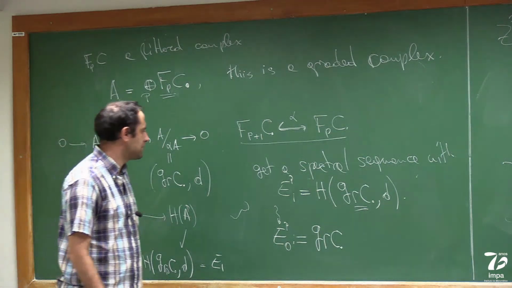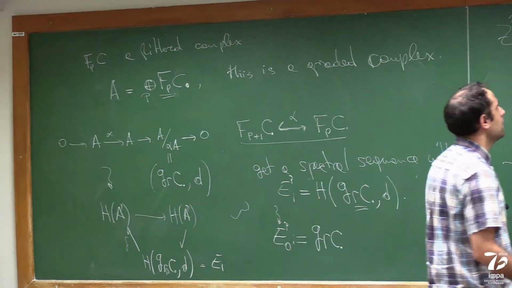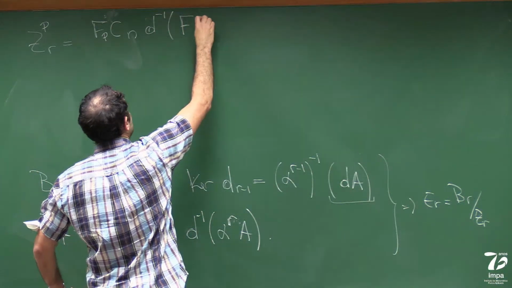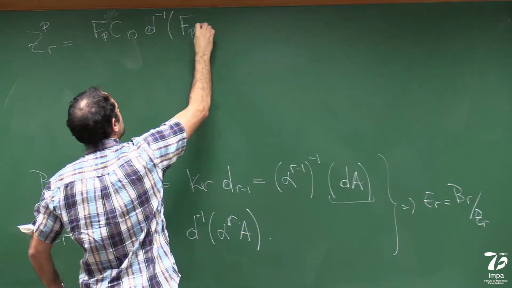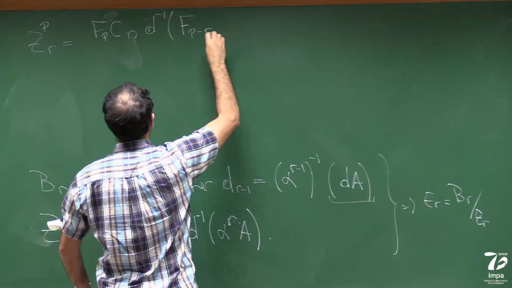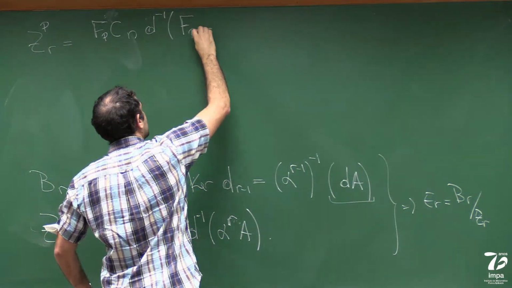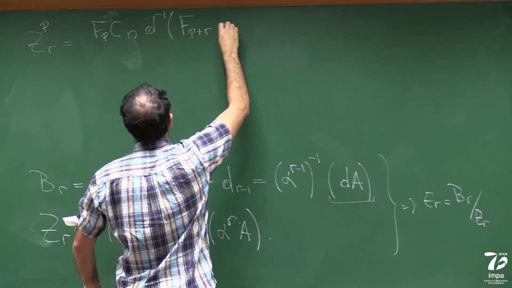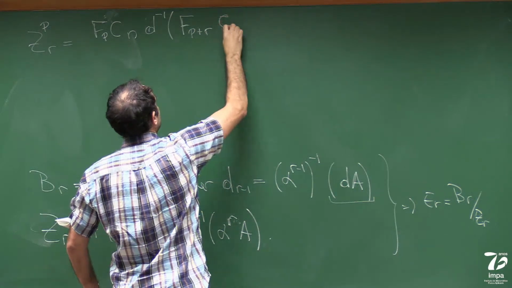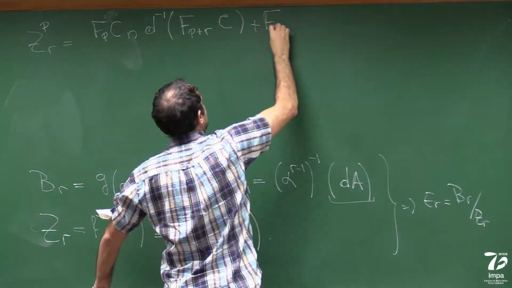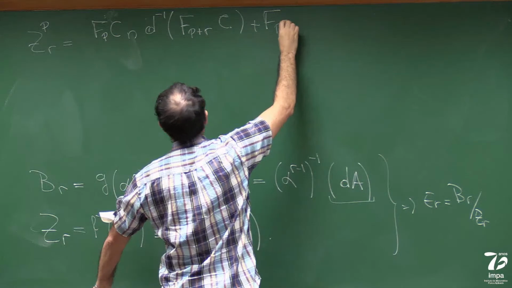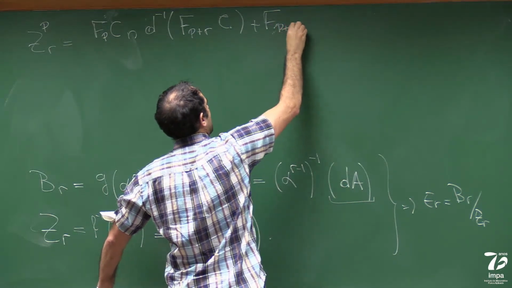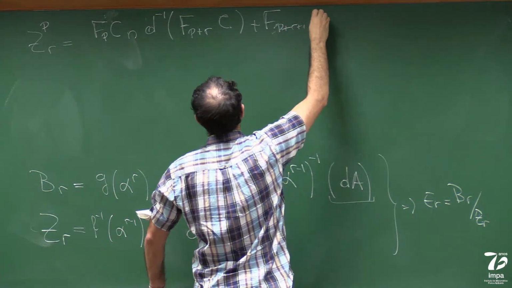Let me describe that explicitly. Let me write it, and then we'll describe this in the E1 case, which is explicit. This is going to be p minus r. I'm sorry, this increases degree. Plus r of C. This is plus F^p plus Z. p plus r plus 1 of C.